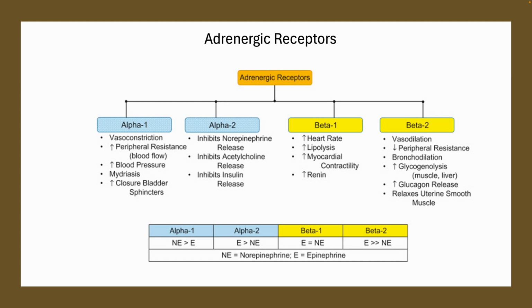A medication that can be used on these receptors is albuterol or salbutamol, which is a beta-2 agonist that is used as a bronchodilator in patients with acute asthma and as a tocolytic to reduce uterine contractions in patients with premature labor contractions.